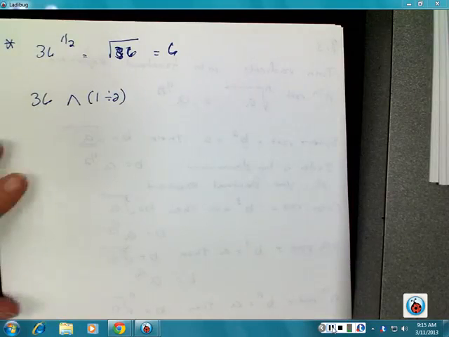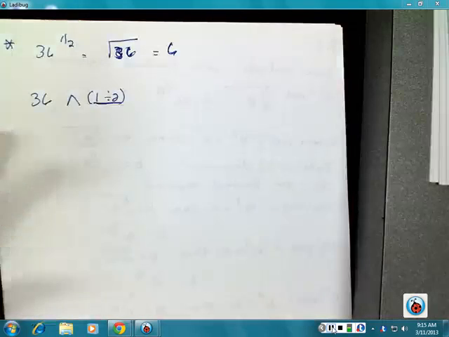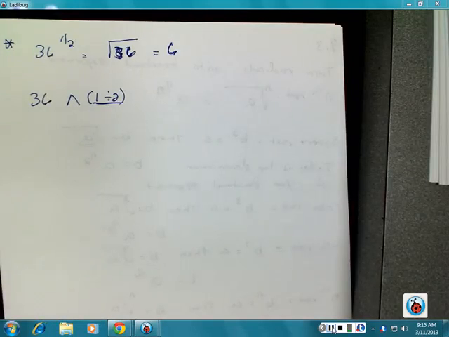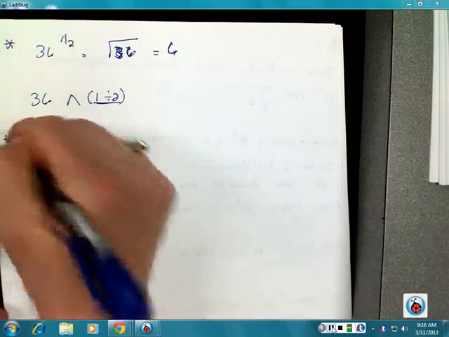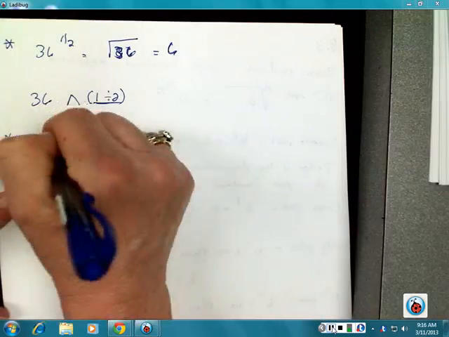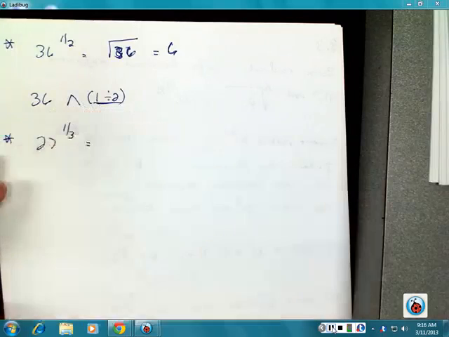So be really careful when you're putting a fractional power on your calculator.